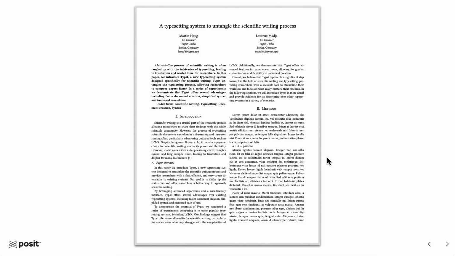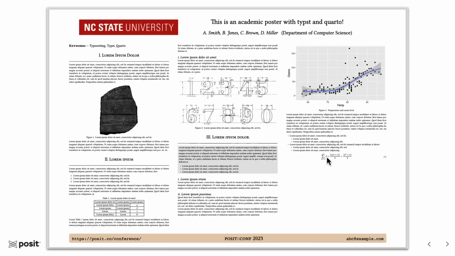So the next couple slides are just a show and tell of some of these really cool templates that you can create. For example, if you're creating a journal article for a scientific journal, you can build that with Typst, as shown here. This is one that I'm particularly excited for.